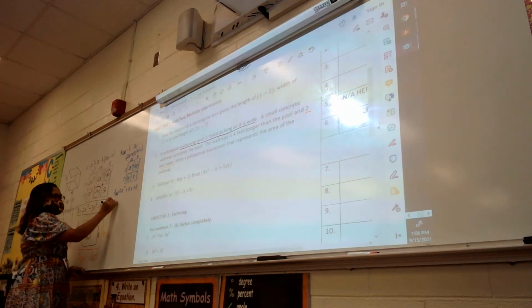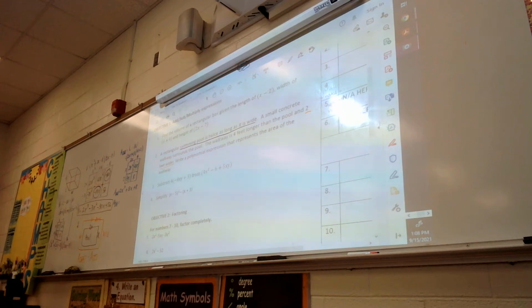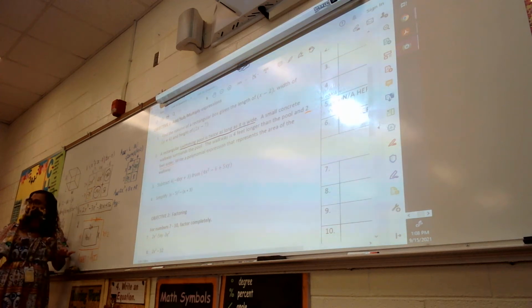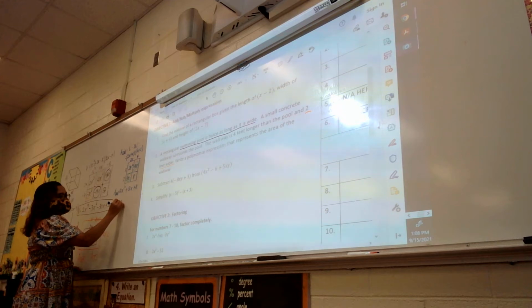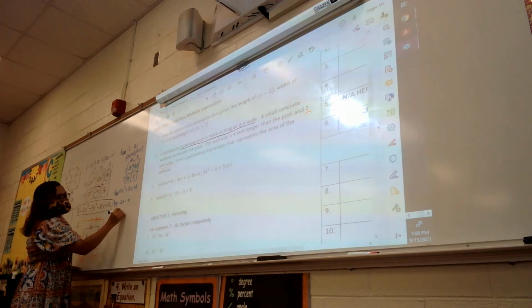Okay, subtract the area of the pool. What's the area of the pool? 2x times x would be 2x squared. So the area of the pool is equal to 2x squared.